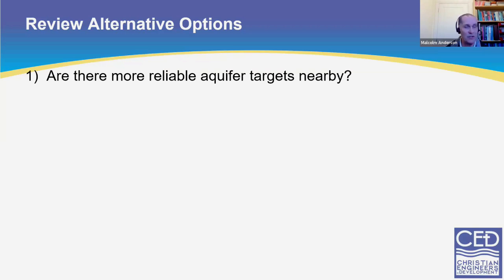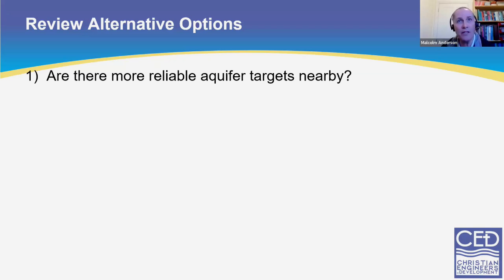Because wells and boreholes are not constrained by river topography, you can most of the time put them wherever you want, and therefore the best location is right next to the demand. There are limits to that. The local aquifers at the location of the demand may be inappropriate or unsuitable, in which case you're going to have to spread your gaze a little bit further.